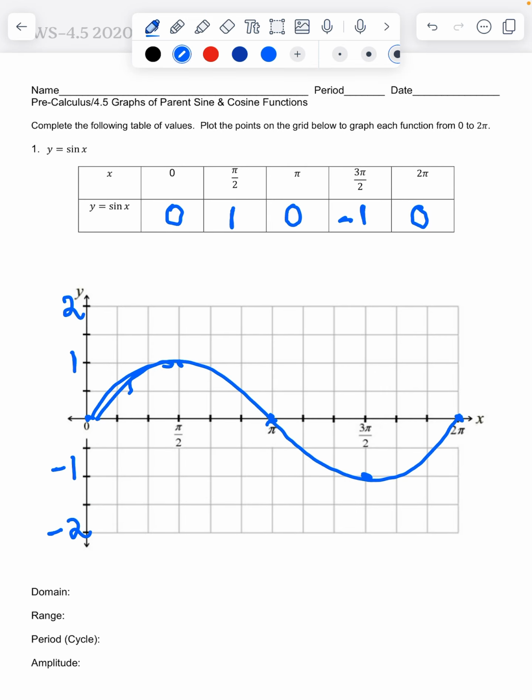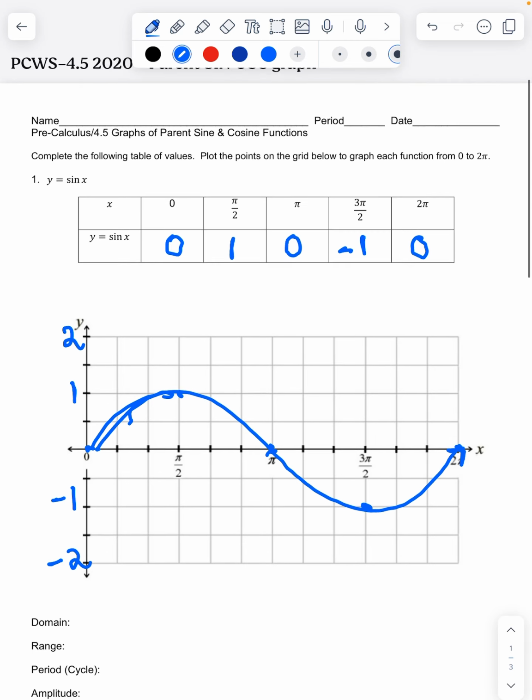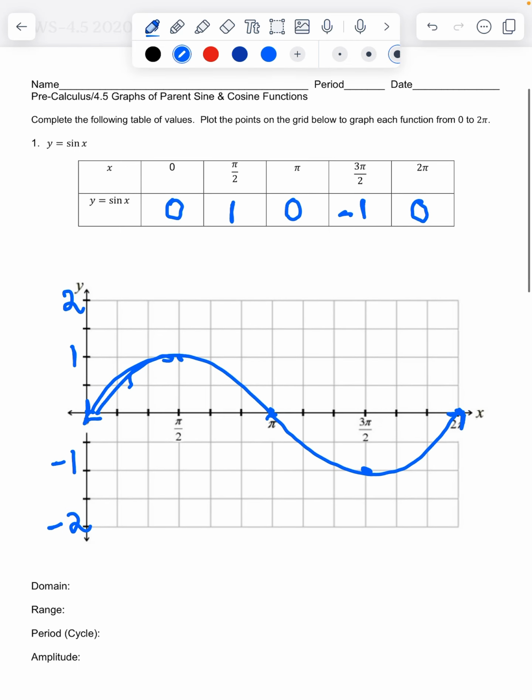And the domain, theoretically, this graph continues forever in both directions. So the domain would be -infinity to +infinity, or all reals. The range, because the graph goes back and forth between -1 and +1, we get all values for y between -1 and +1.